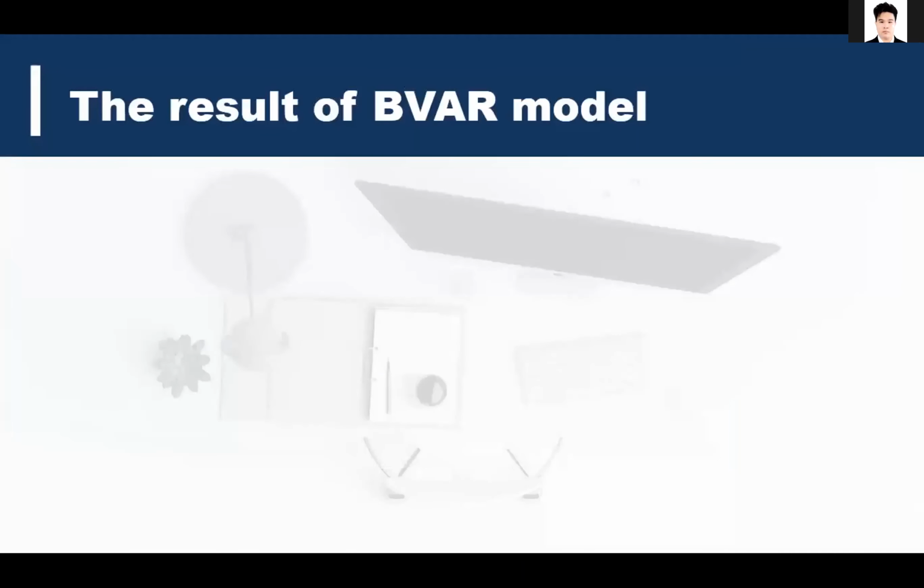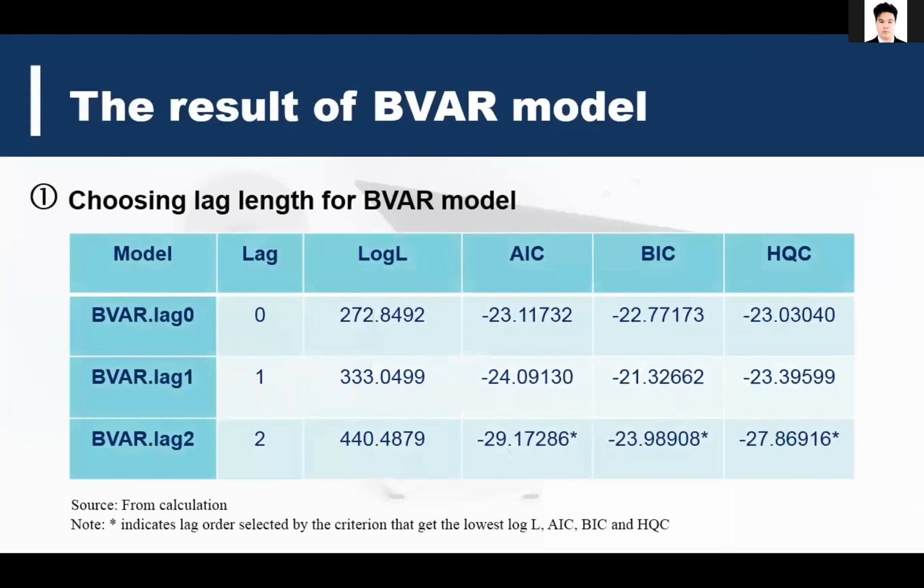The first one is the BVAR model. The BVAR model, or Bayesian vector autoregression, is a method in economics to forecast and estimate a vector autoregression. It differs from a standard VAR model in that the model parameters are treated as random variables with prior probabilities rather than fixed values.